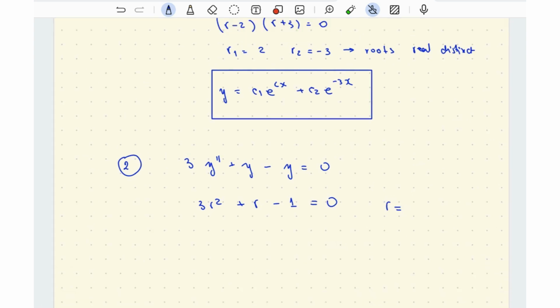So r equals minus 1 plus minus square root 13 over 6.